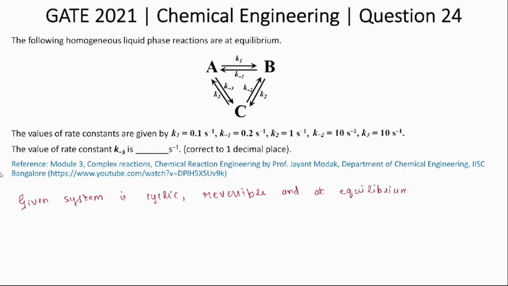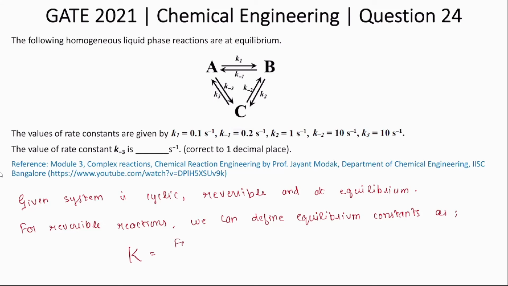Equilibrium means the rate of reaction is 0. For reversible reactions, we can define equilibrium constants. So we can define the equilibrium constant, capital K, as the forward reaction rate constant by the backward reaction rate constant.